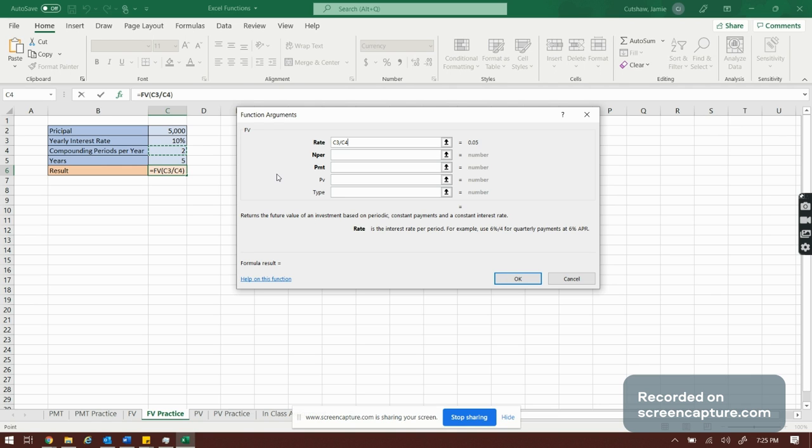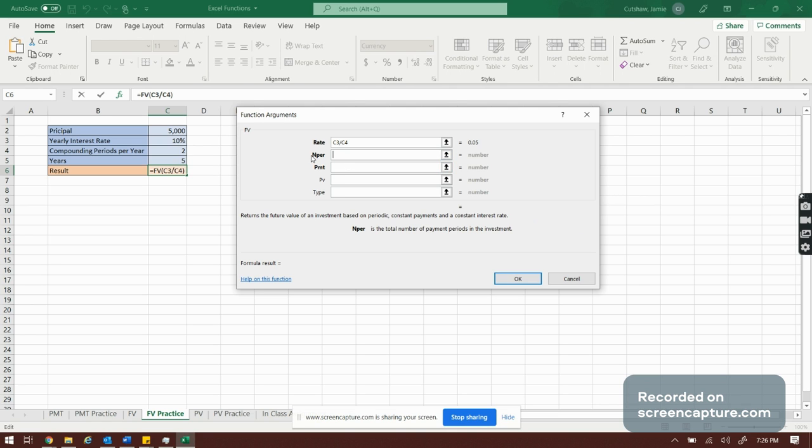So we need to divide that number by 2 because it's compounding twice a year. The reason we divided by 12 last time is because it was compounding 12 times a year, or once a month. This one instead is compounding twice a year, so we're dividing by 2. Then we're going to go down to NPER here.